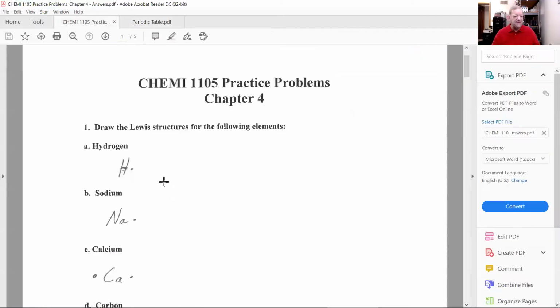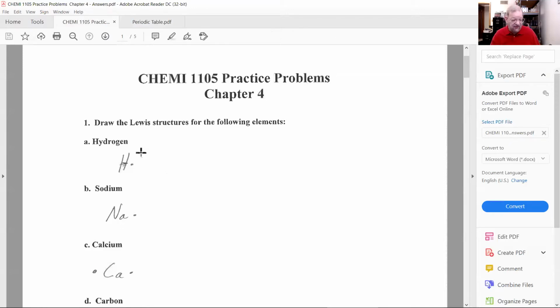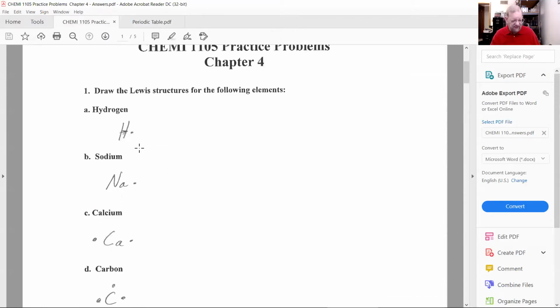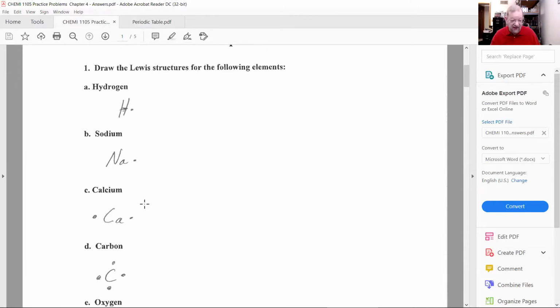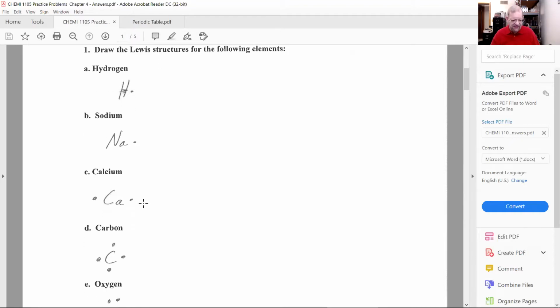For an element, you put 1 dot on a side around its chemical symbol until you have 1 on each side, and then you double up. You never have more than 2 dots on a side for an element. So hydrogen has 1 dot, and it could be on any of the 4 sides. Same thing for sodium. Calcium, 2 valence electrons, 2 dots, and there are other ways of writing it.